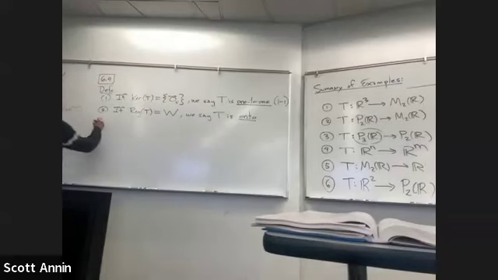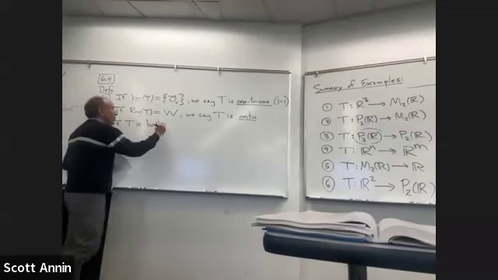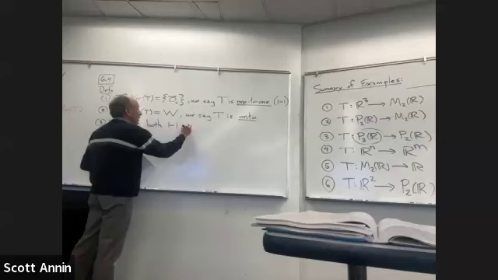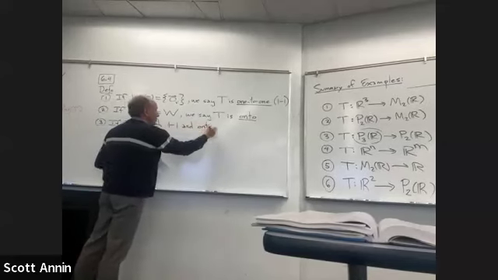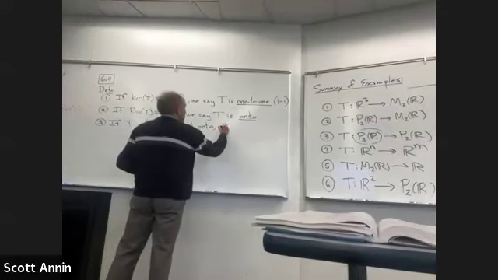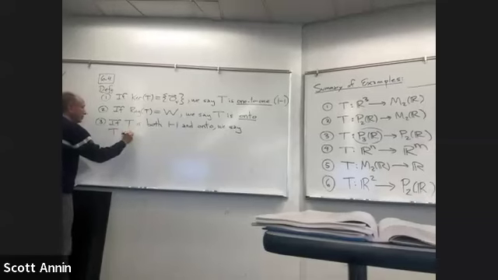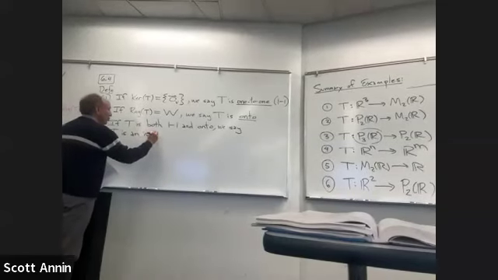And then the third point is if T is both 1-to-1 and onto, if it's both, then we say that T is an isomorphism.